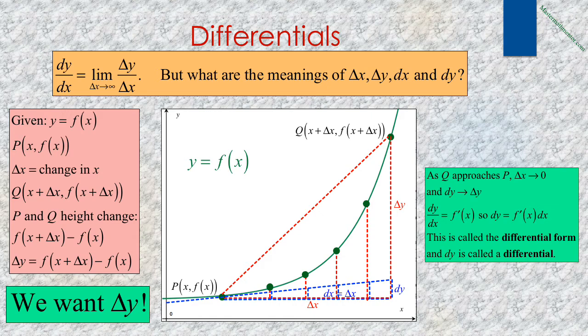This is called the differential form, and dy is called a differential. So again, reiterating, delta y is the true change in y, dy is the approximate change in y, and when dx is small, dy is a very good approximation for delta y.